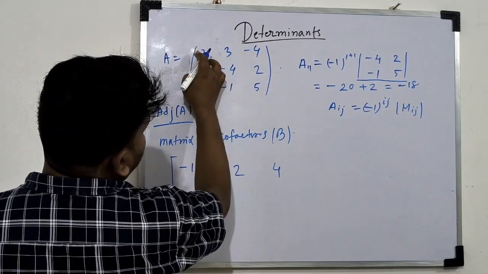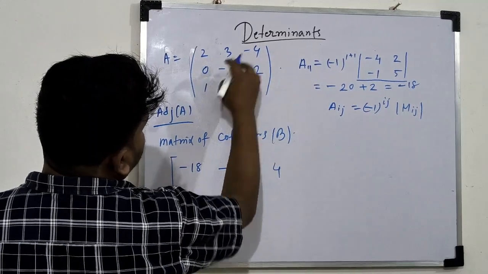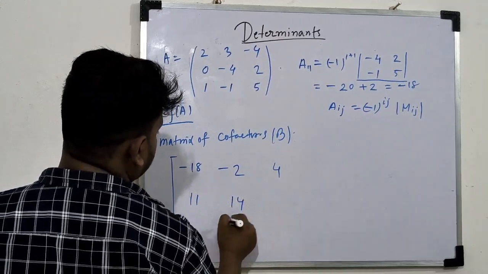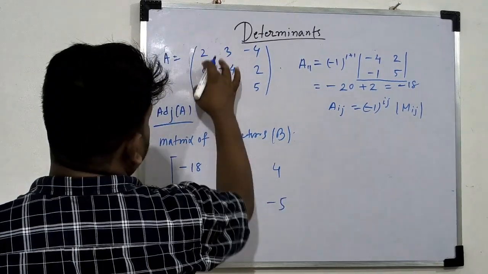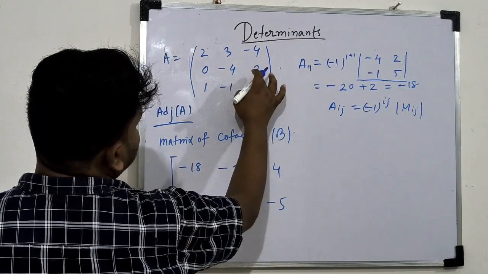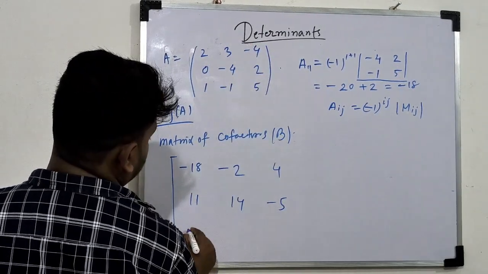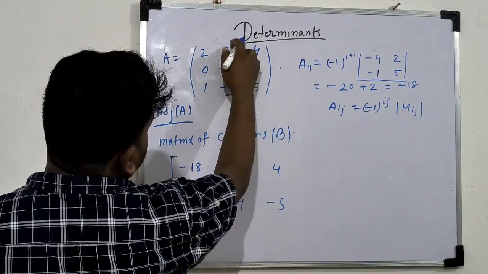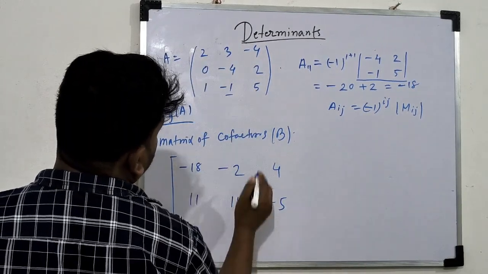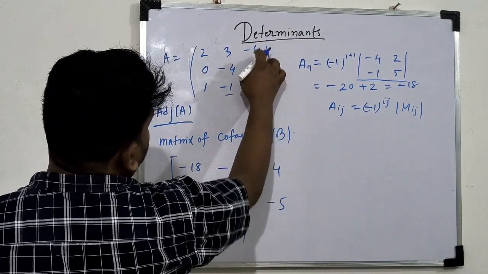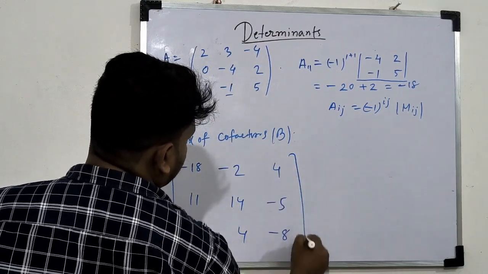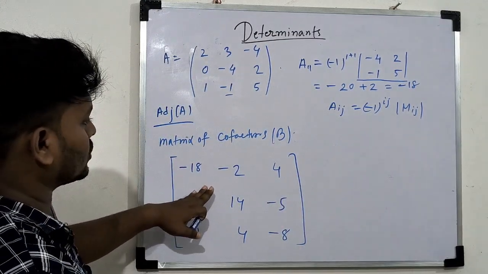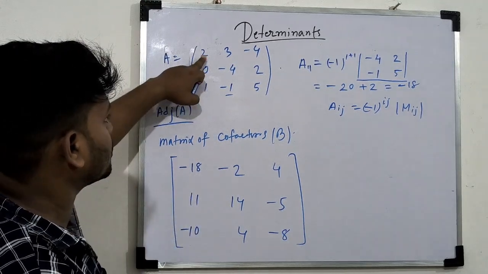This, 10 plus 4, 14. This will be minus 2 minus 3, minus 5. And corresponding to this, 6 minus 16, so minus 10. With this, 2 2 to 4, and this will be minus 8. This is the matrix of minors corresponding to each element.